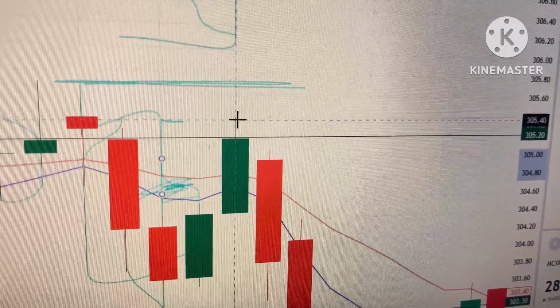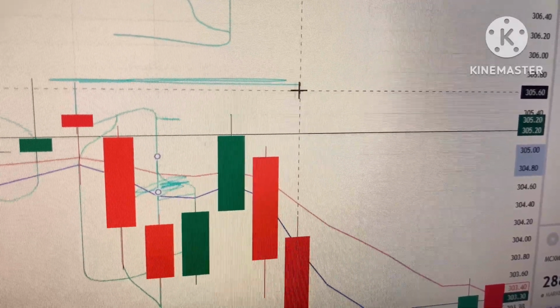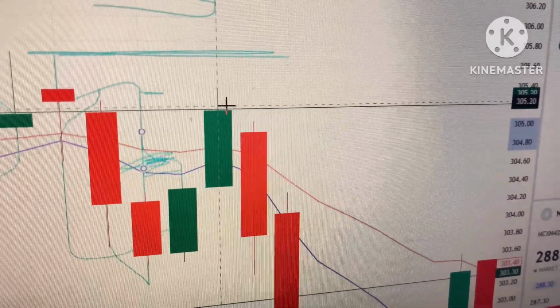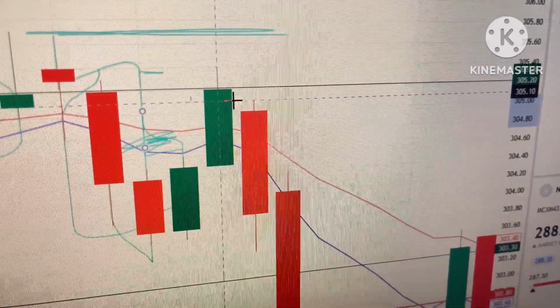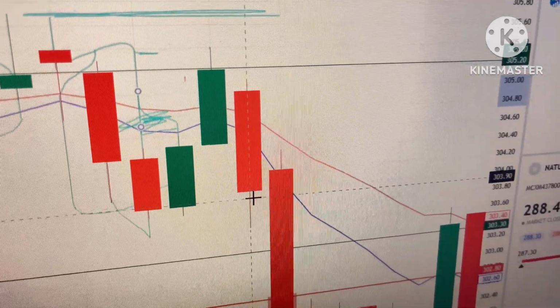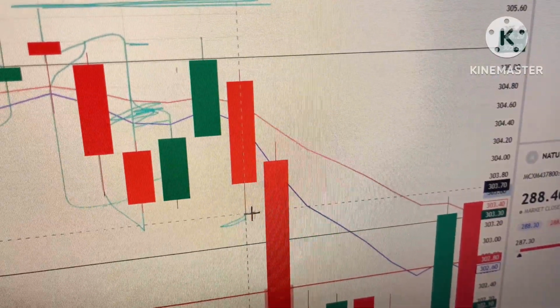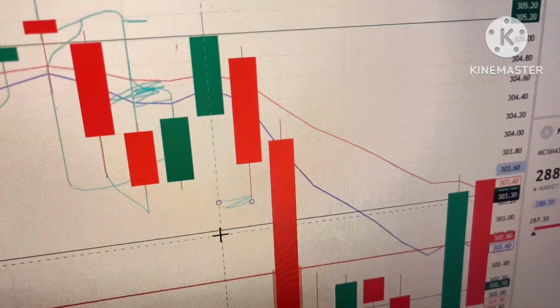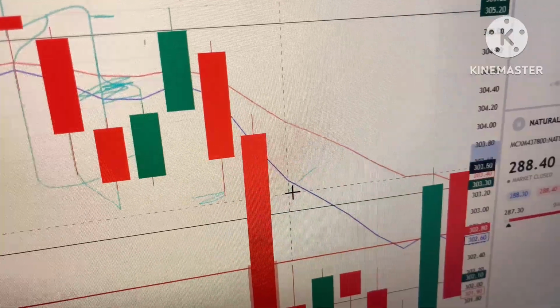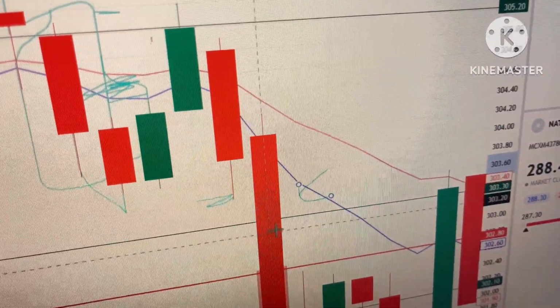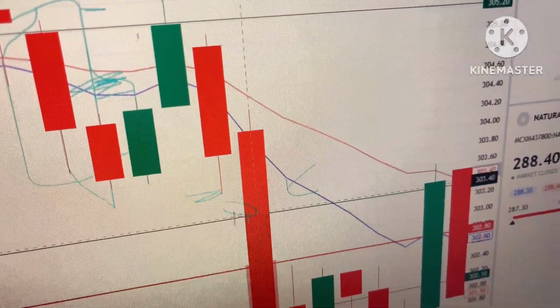Okay, you don't have to worry because your stop loss is safe, then wait for the market to come down, and slowly the market will come down. Okay, you don't have to exit here. Wait for this black line to get touched. Now here the market has touched the black line. Okay, so this should be your exit point.